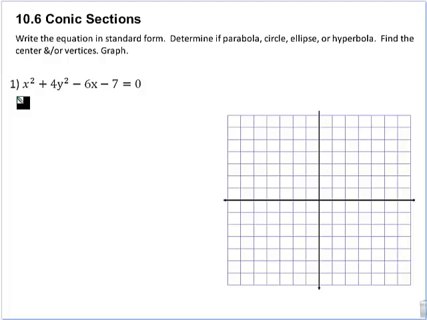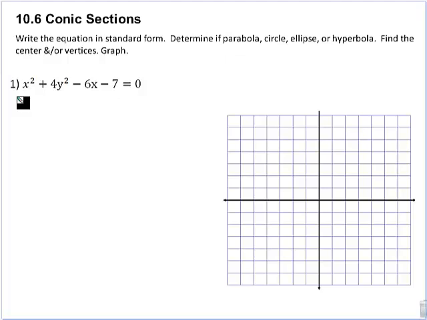Out of these 3, which one has something that's definitely different about it? Circles aren't fractional, but ellipses and hyperbolas aren't until the very last step as well. So we need to think about it even a little bit further than that. How about the sign in between x squared and y squared?